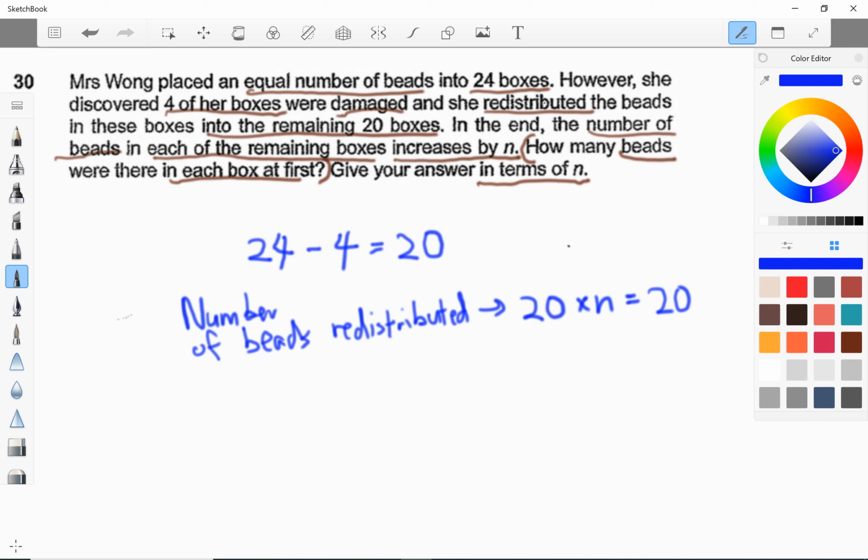So this 20n number of bits actually came from the boxes that were damaged.